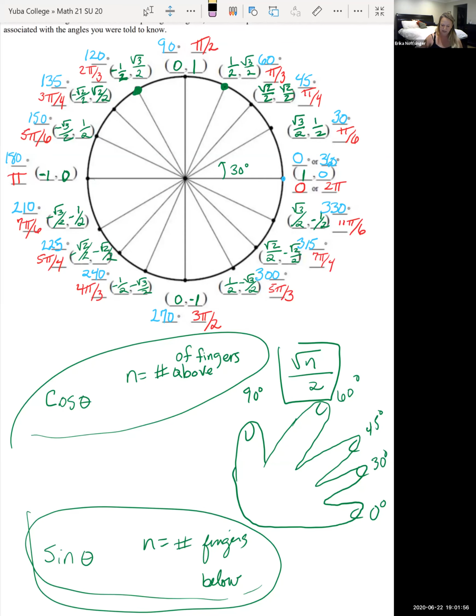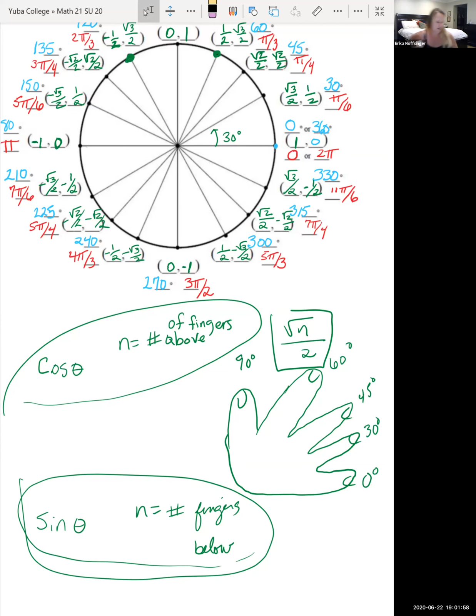Okay, so let's look at a couple of examples, and then I'm going to go back and do a couple of word problems from 7.3.